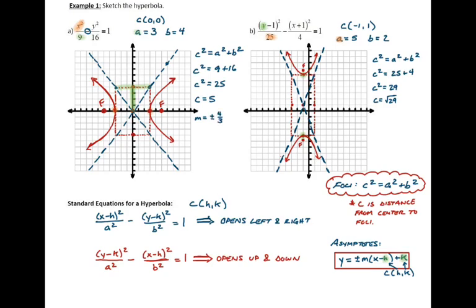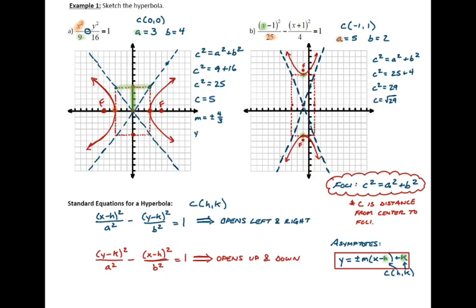And the reason why it's plus or minus 4/3 is if I go from the center and I go up 4, right 3, that puts me on one of my asymptotes. And then if I go back to the center and go up 4, left 3, that puts me on my other asymptote. So the slope of my asymptotes are technically two lines, and one is a positive slope of 4/3, one is a negative slope of 4/3.